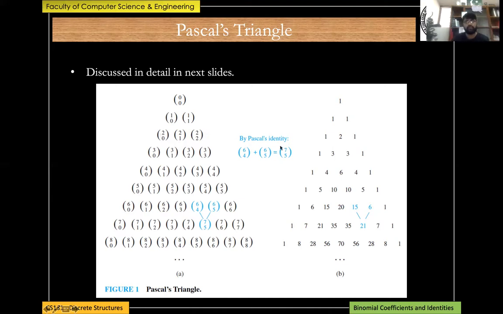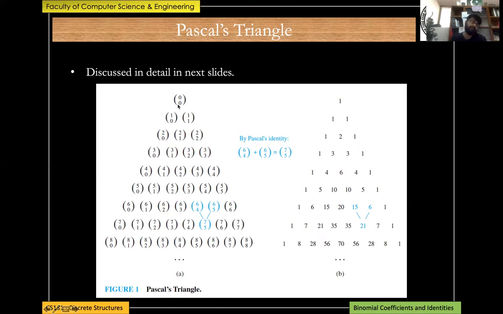Selecting 2 elements from 2 elements is also 1. And you can actually fit in the formula to verify these numbers. C(n, n) is 1, C(n, 0) is 1. So one notices that you have got ones at all the outer boundaries of this particular triangle.